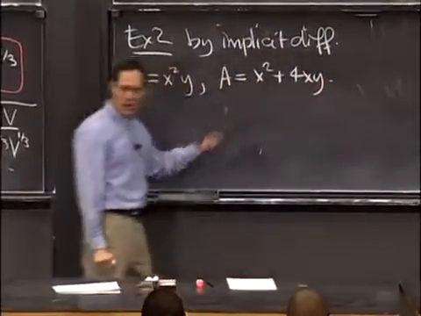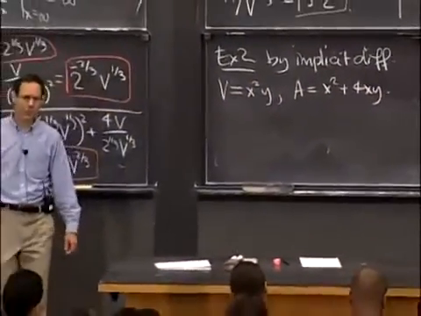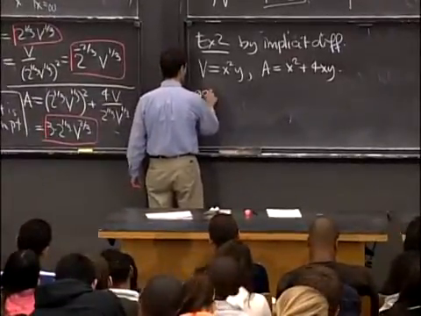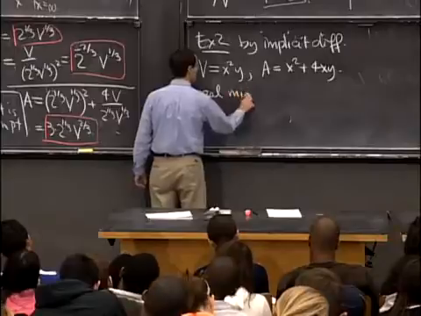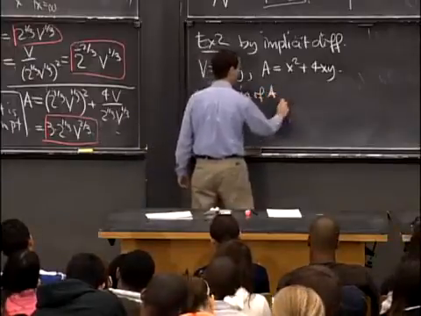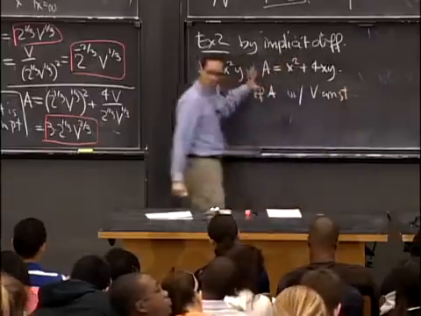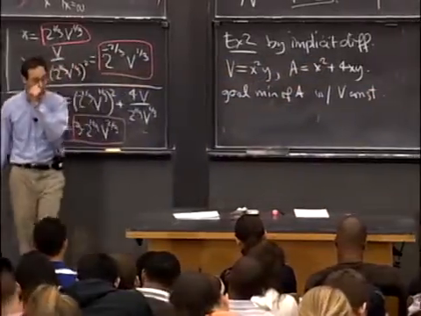So here is the starting place of the problem, all right? And the goal was the minimum of A with V constant. So this was the situation that we were in.